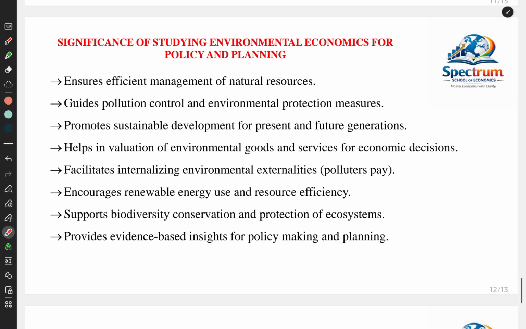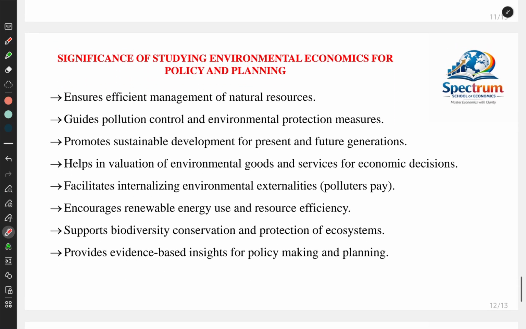So further we can study the significance of studying environmental economics for policy and planning. The importance is that it ensures efficient use and management of natural resources, and it also guides pollution control and environmental protection measures. It promotes sustainable development for present and future generations.